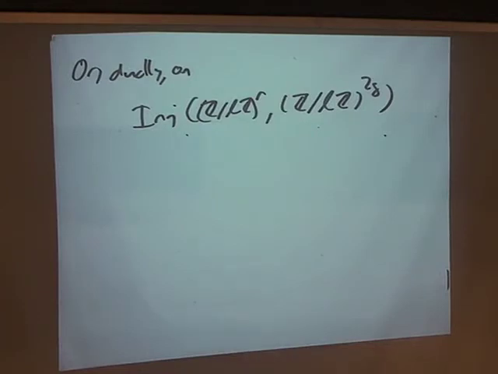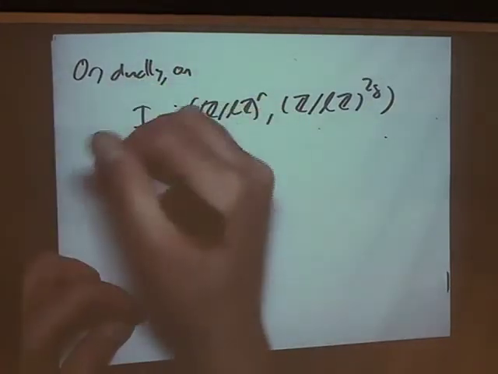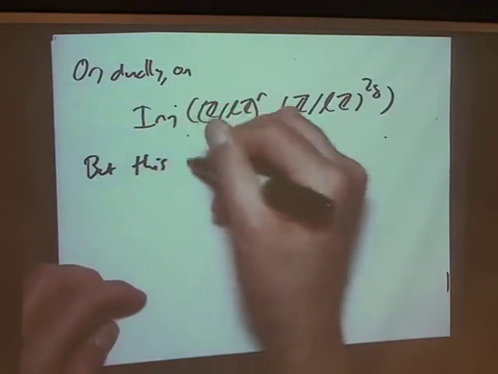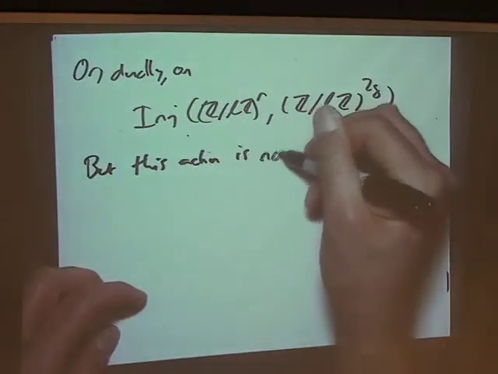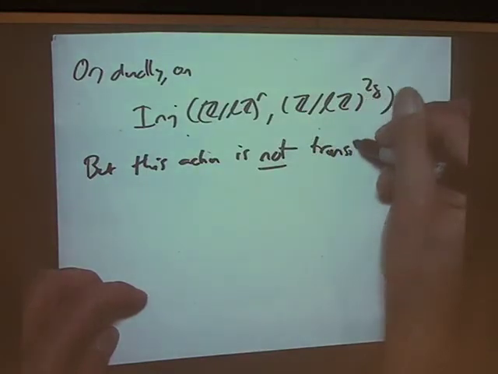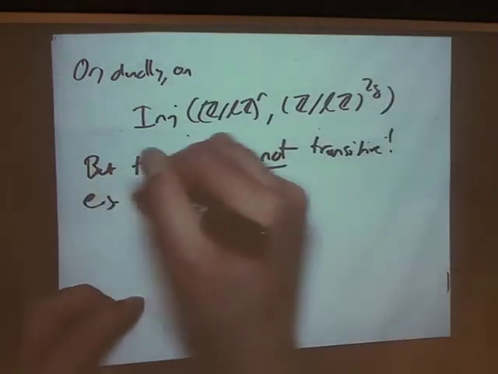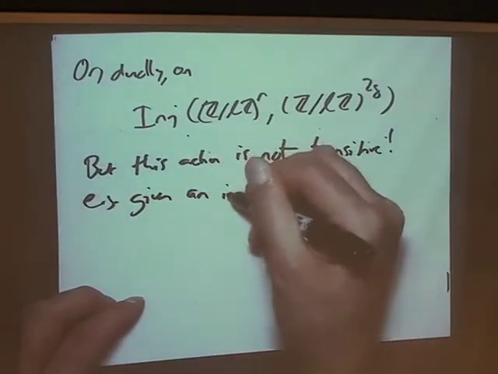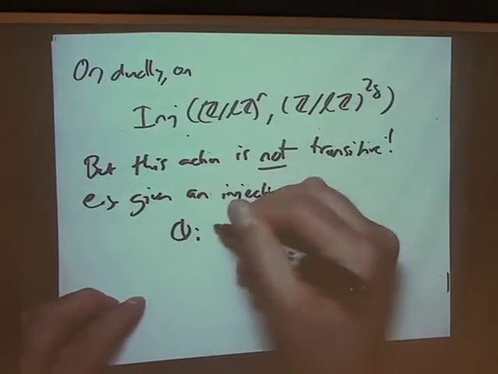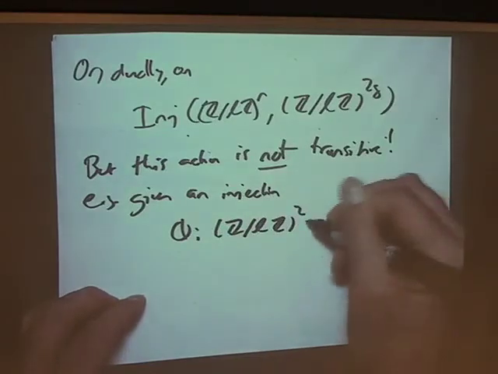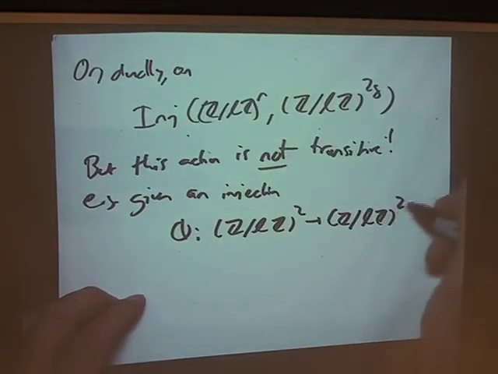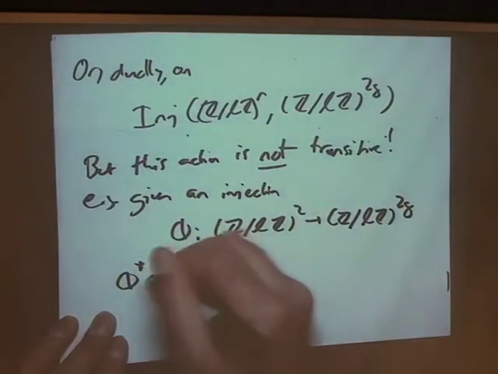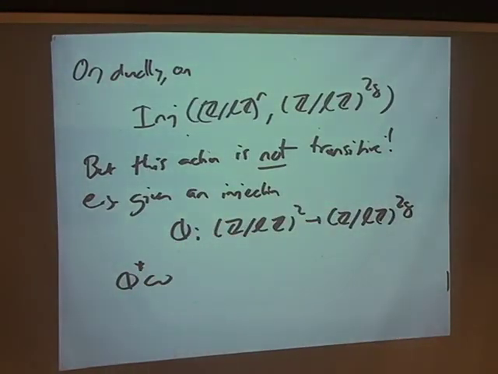I don't quite have time to tell this whole story here, but let me make the following couple of comments. This action is not transitive, e.g., given an injection phi from (Z mod LZ)^2 to (Z mod LZ)^2g, the pullback of the symplectic form to (Z mod LZ)^2 is an invariant.